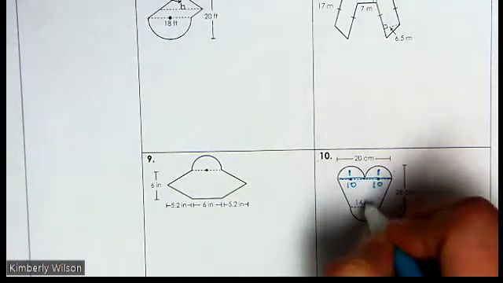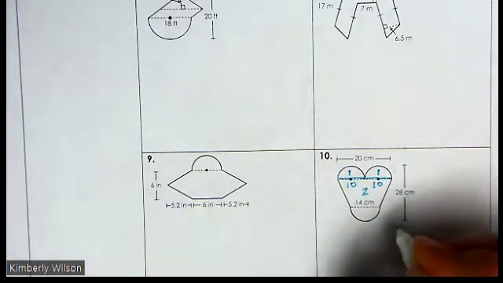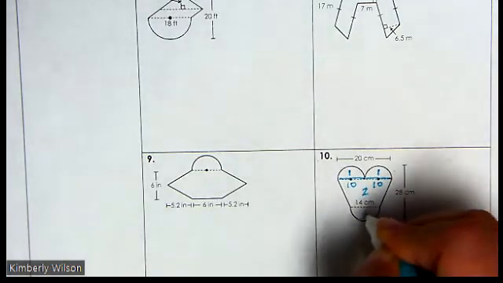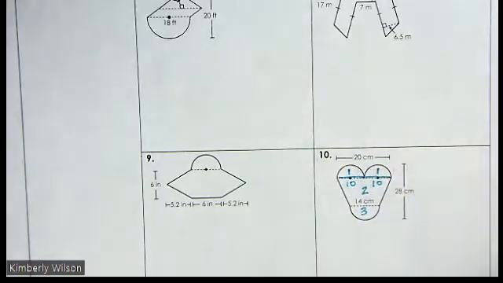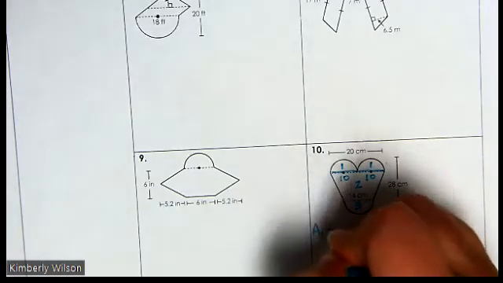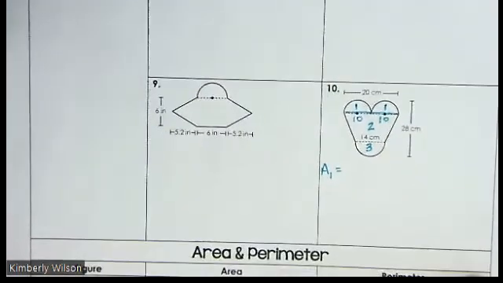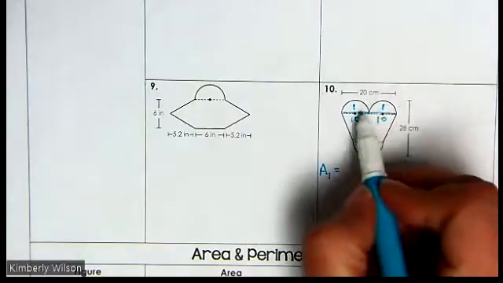Those would make figure 1, which would be a circle. Then we have the trapezoid, which is figure 2. Then I have a semicircle, which is figure 3. All right, now we find the area for each one. So the area, figure 1, we said was one circle, which is the two of them together.